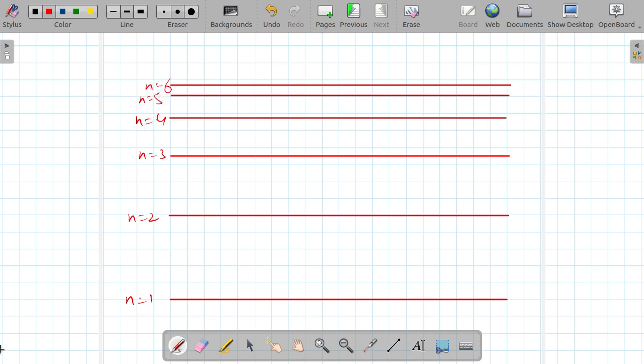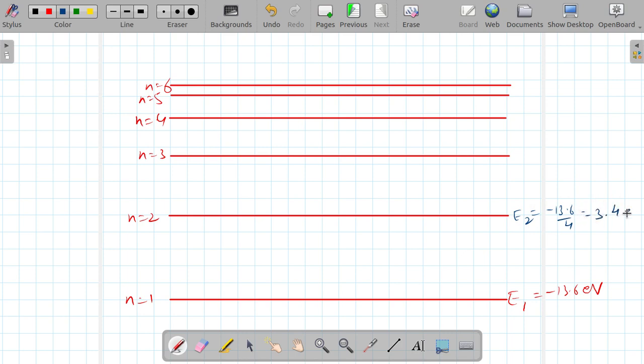And energies corresponding to these levels: E1 comes out to be minus 13.6 electron volt, and here E2 is equal to minus 13.6 by 4, because it is inversely proportional to n square.